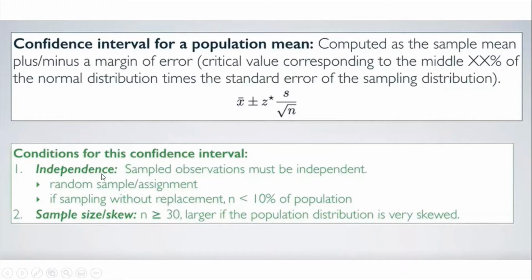So we have 2 conditions in order to use the confidence interval. You can construct it for any mean, but in order to interpret it without bias, you need to meet these 2 conditions. Otherwise, the confidence interval will be biased.